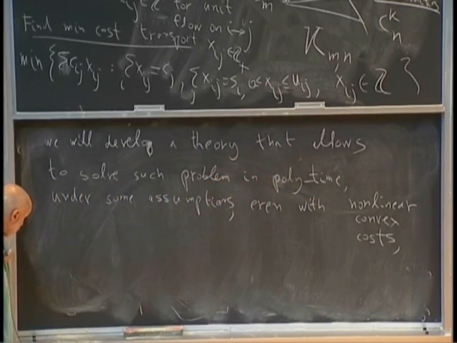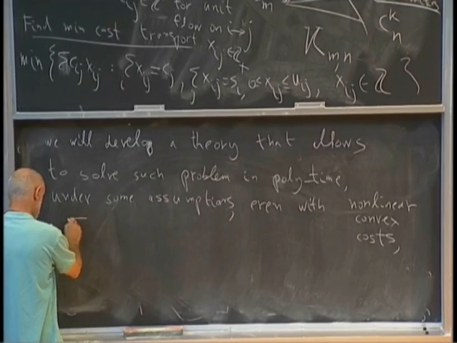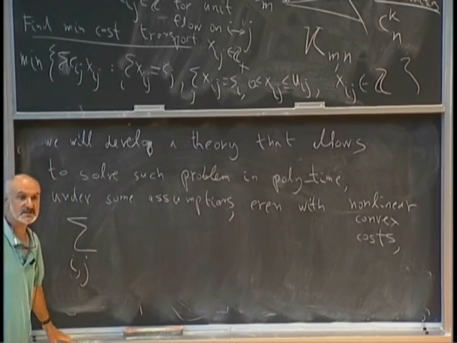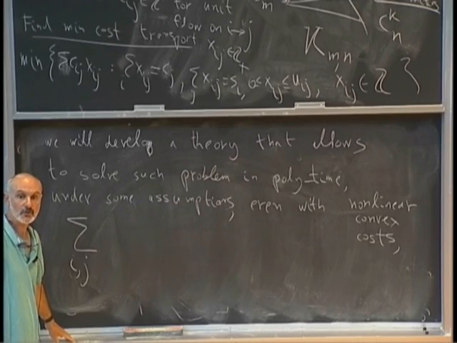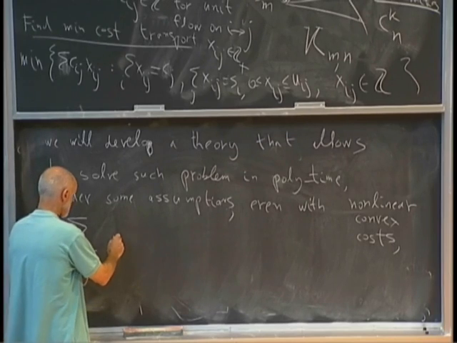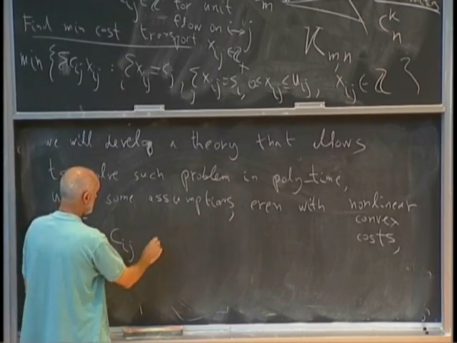So what is the cost of a flow of the form sum over all edges? What is the standard linear cost of a commodity transportation? The standard thing is something like this.